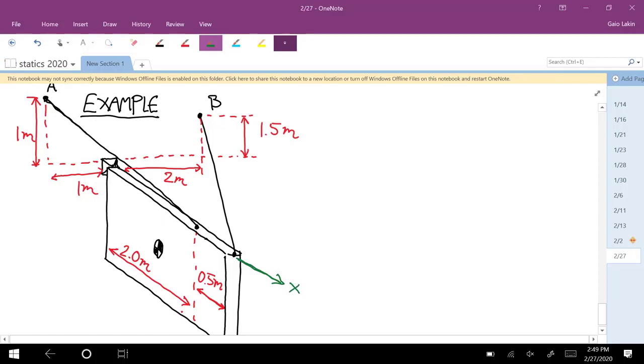The y-axis goes up. And that means that the z-axis has to go this way. The mass of this sign is 50 kilograms.